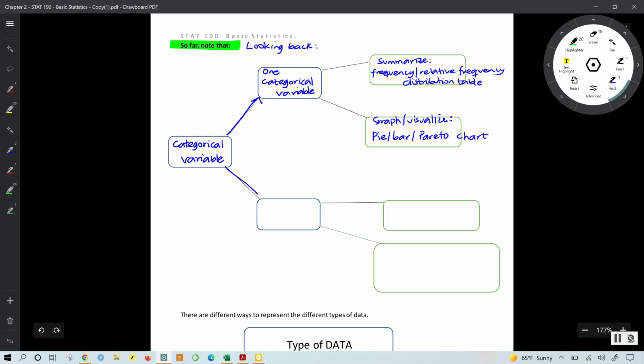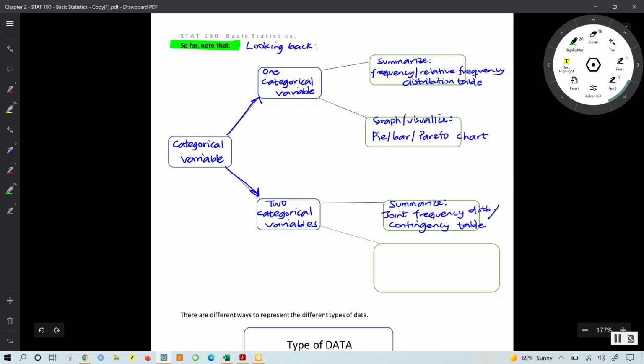Then, for categorical variables again, we considered the instance of two categorical variables. For two categorical variables, we can summarize both together by using a joint frequency distribution table, which is a fitting name since we're talking about two variables. This table is also called a contingency table.